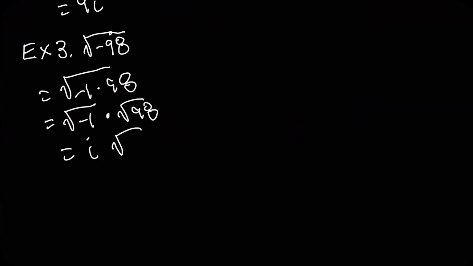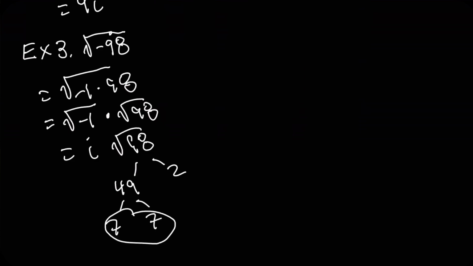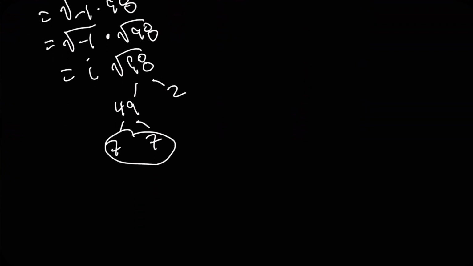So, square root of 98, we can say 49 times 2, and then further break this down into 7 times 7, and we have a pair here. So to further reduce this, this is equal to 7i times the square root of 2.